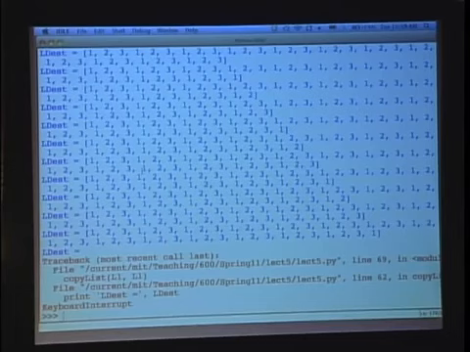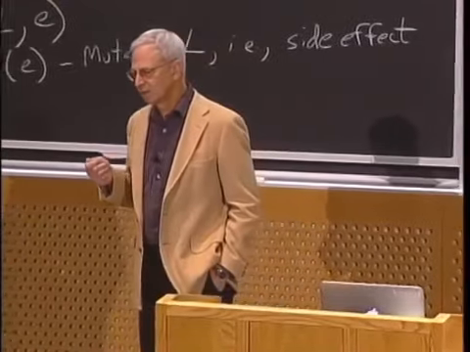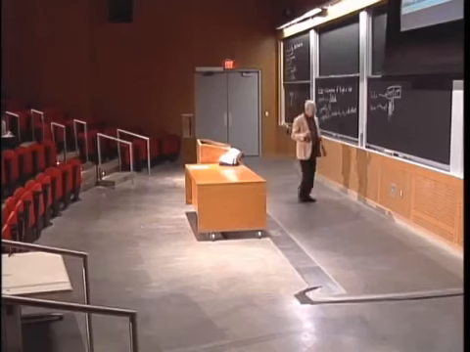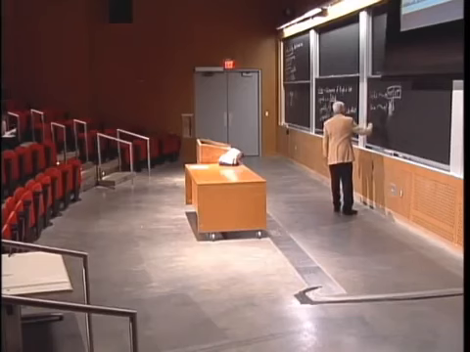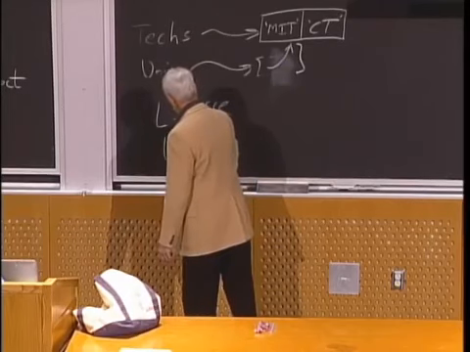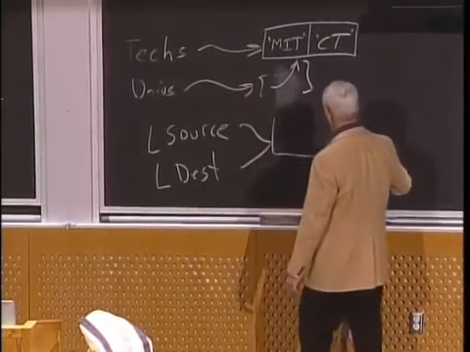And you'll see LDEST just gets longer and longer and longer. Why is that happening? Because what it's attempting to do is look at L source and copy the remaining elements of L source to LDEST. But every time I go through the loop, the formal L source and LDEST are now pointing to the same object.